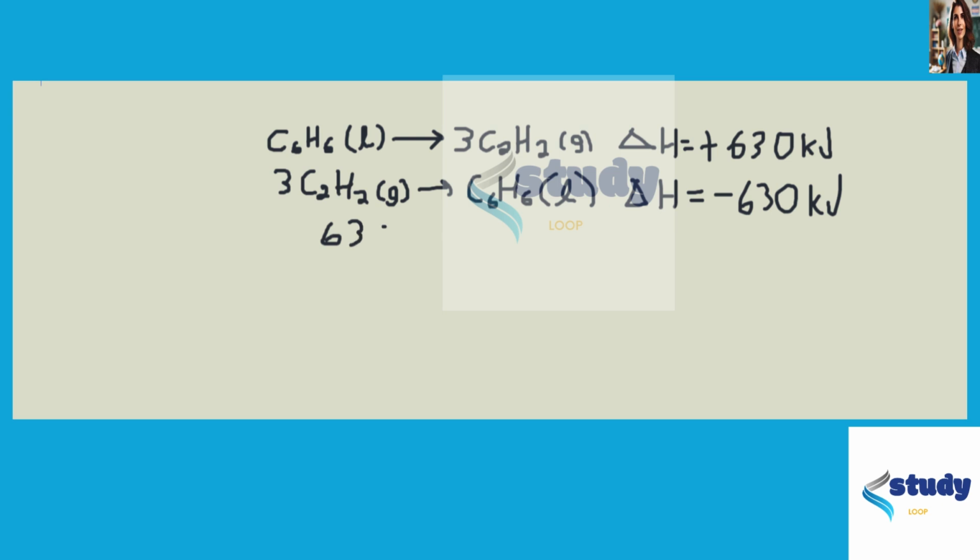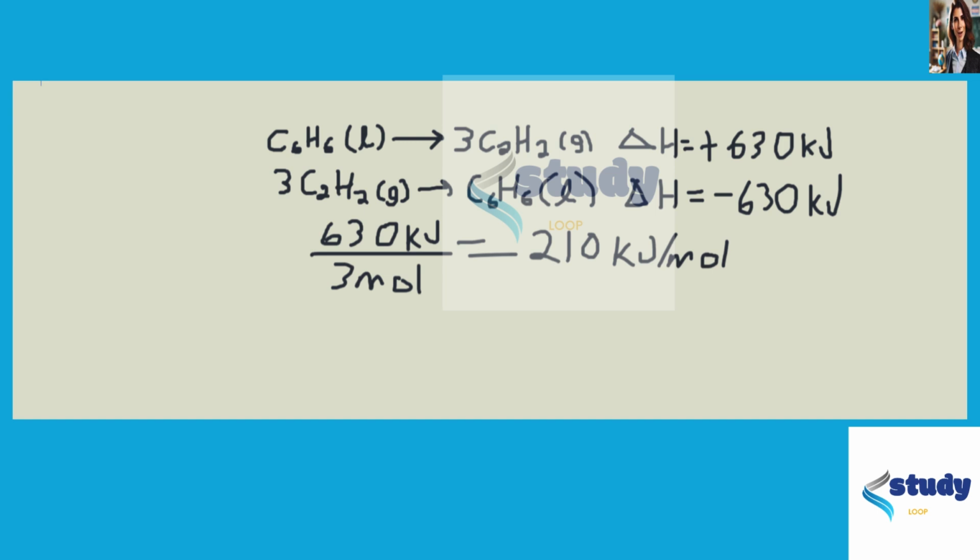We do 630 kilojoules divided by 3 moles of acetylene, and that's 210 kilojoules per mole. So the delta H for producing 1 mole of acetylene is a positive 210 kilojoules.